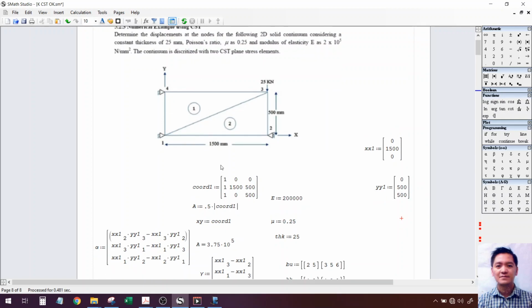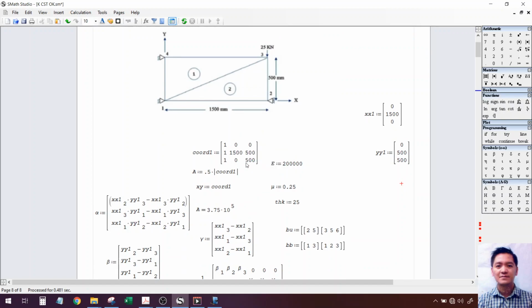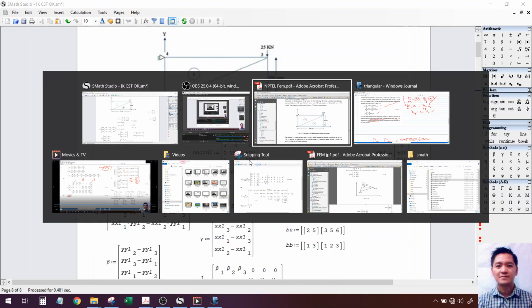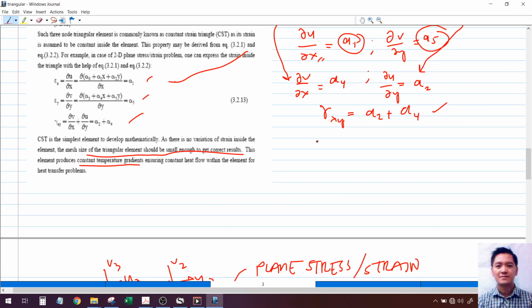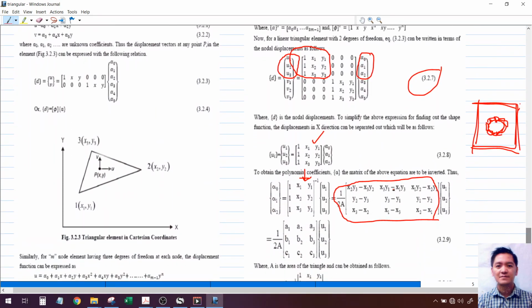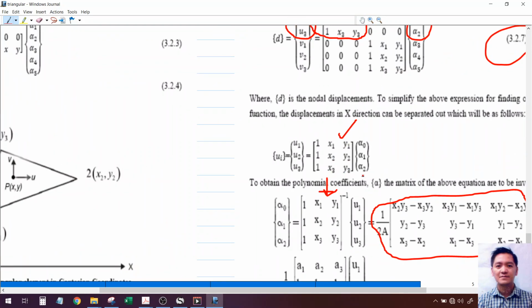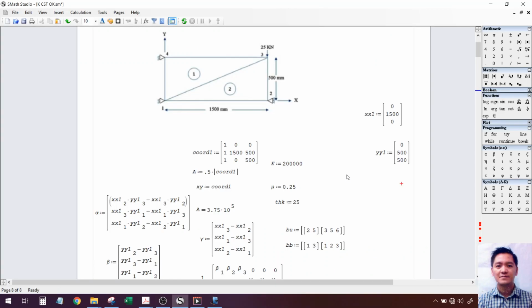Okay. Then yung coordinates, 1, 1, 1. Ito yung nasa lecture here. Where's that? Here. Yan, no? 1, x1, y1. 1, x2, y2. 1, x3, y3.